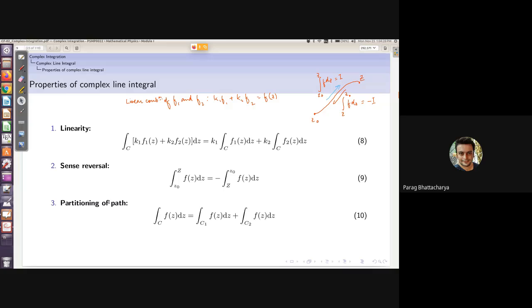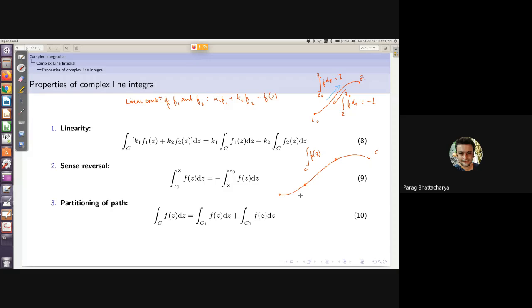Next property is the partitioning of the path. Again, very straightforward. Suppose I have a total path that looks like this. This is the total path C. I want to find the integration over C of some function f of z. What I can do is divide this path into many small parts.